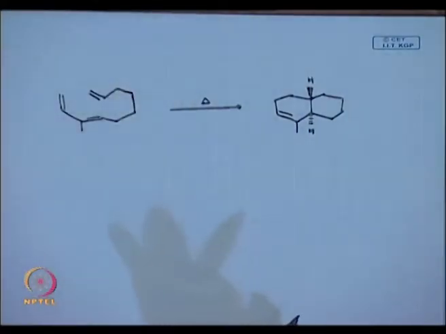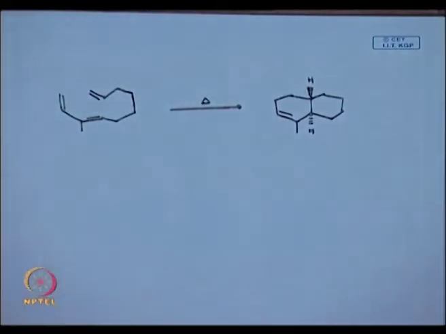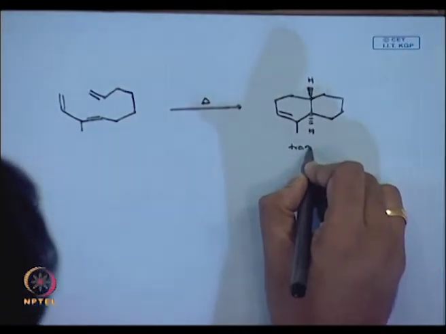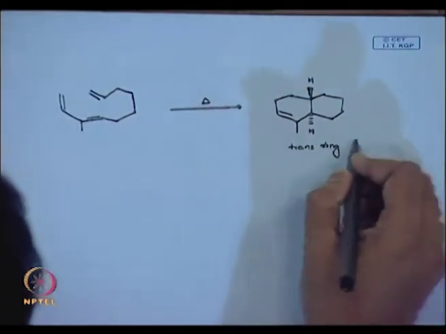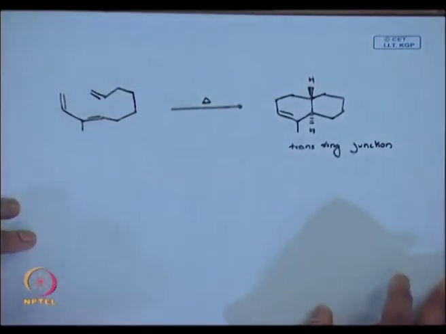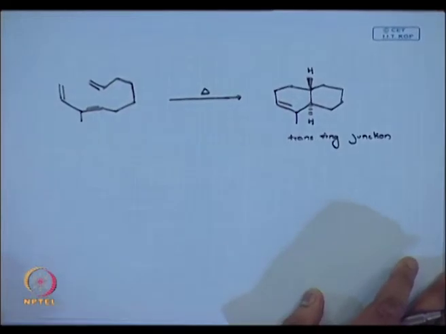So you end up with a trans ring junction. Let me see how to understand that this is giving a trans ring junction. Basically, when you are talking about intramolecular Diels-Alder reaction, sometimes you consider sterics more than your endo rule. Sterics you have to take into consideration.